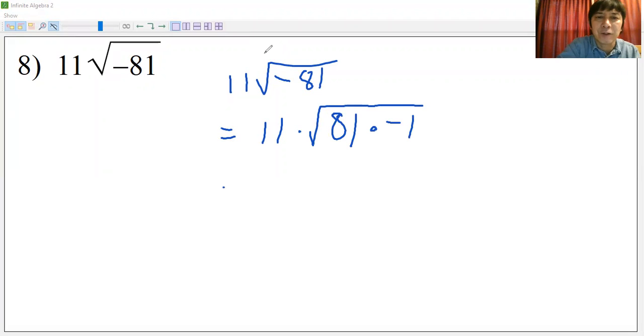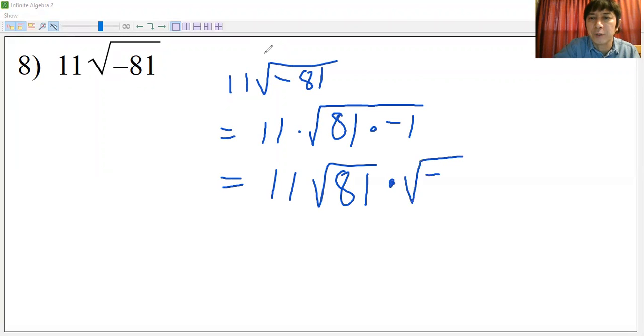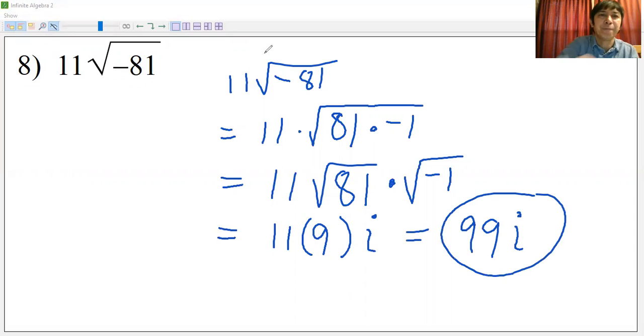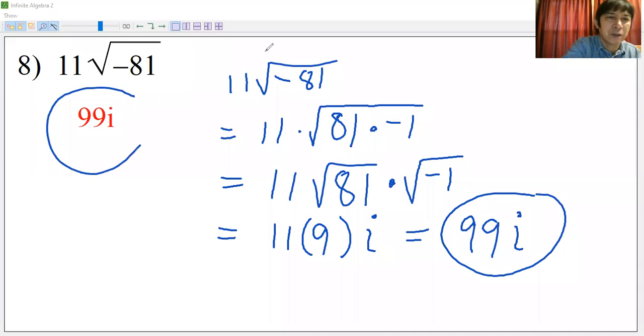We can now split this into square root of 81 times square root of negative 1. The 11 will remain 11. The square root of 81 is 9. The square root of negative 1 is i. And so we have here 99i. Okay, check. All right, that's 99i.